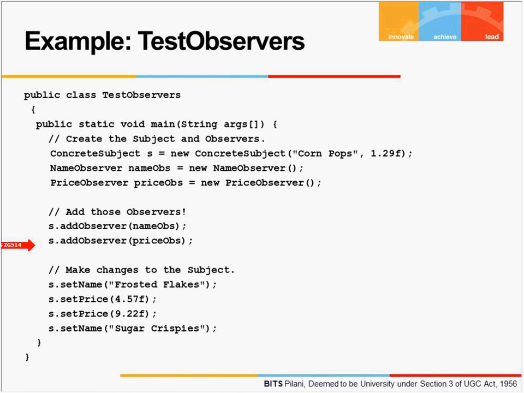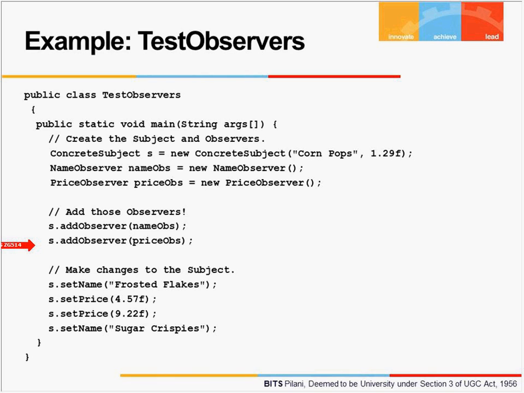However, it's not mandatory. If you do not want to use those classes and the observable interface which is there in Java, you can actually implement the observer and observable from scratch without using the inbuilt classes as well. Right? For the implementation of add observer, the idea is that the subject maintains an array list of observers. Right? And when you invoke add observer, you add to that array list.